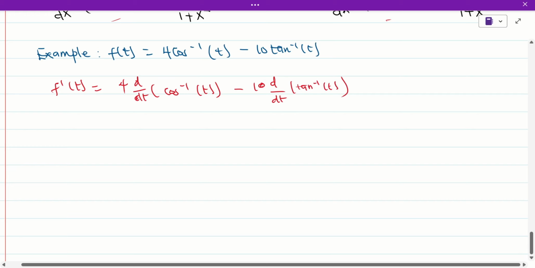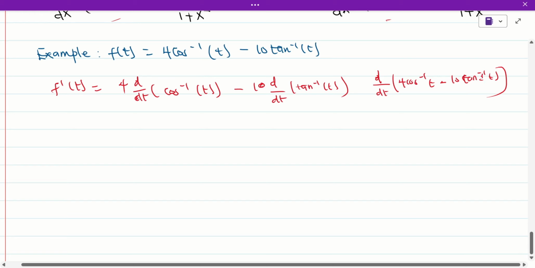Okay, this is what we're going to do. I did this because, don't forget, we are going to find the derivative d/dt of 4 cos inverse of t minus 10 tan inverse of t. So that's why I expanded it to get this one.